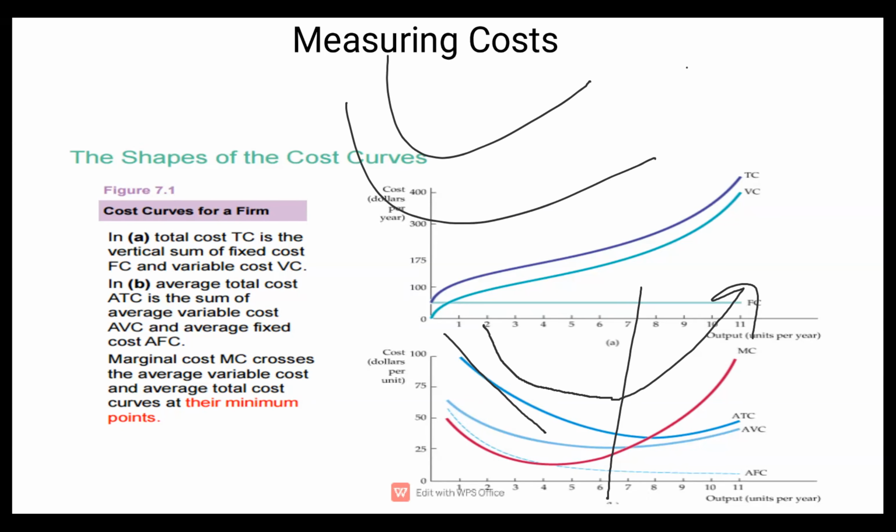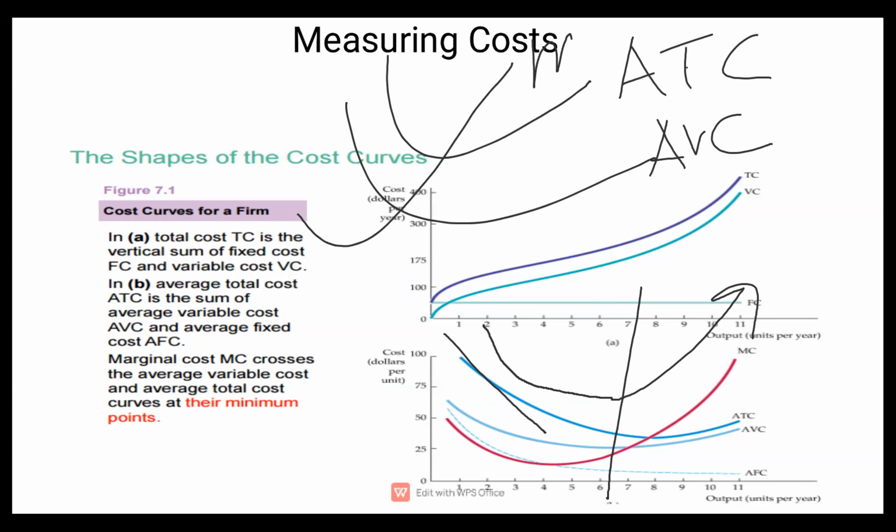It's because of this. We have the average variable cost, the average total cost, and this is the marginal cost. As the marginal cost is rising, what will happen before it meets the average variable cost? Just follow. While the marginal cost is still lower than the average variable cost, it will be pulling the average variable cost downward towards it.